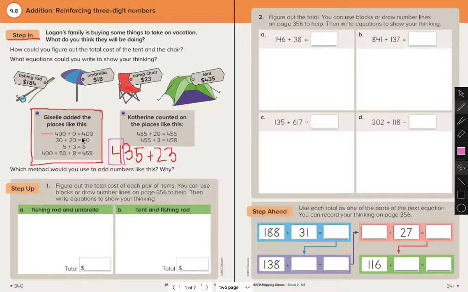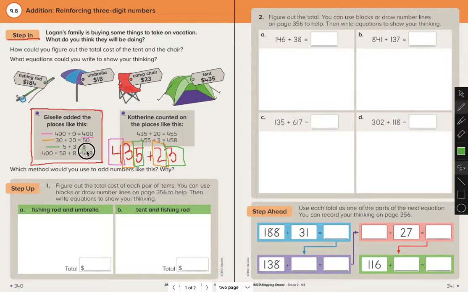So she has 400. Let's take a look at our tens. We have 30 in our first number, right? And then we have 20 in 23, and 30 plus 20 is 50. And then she added her ones. So we have 5 plus 3.